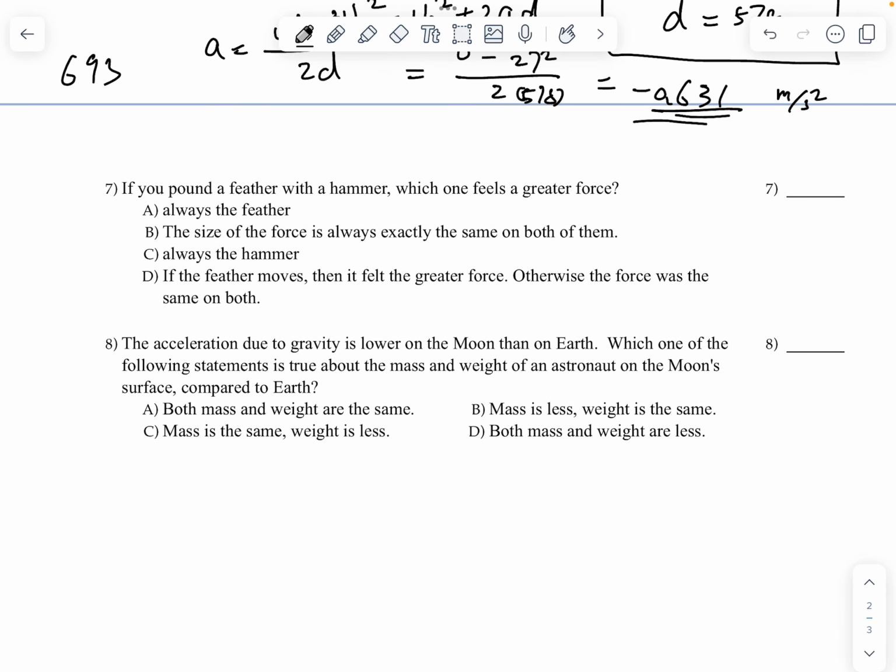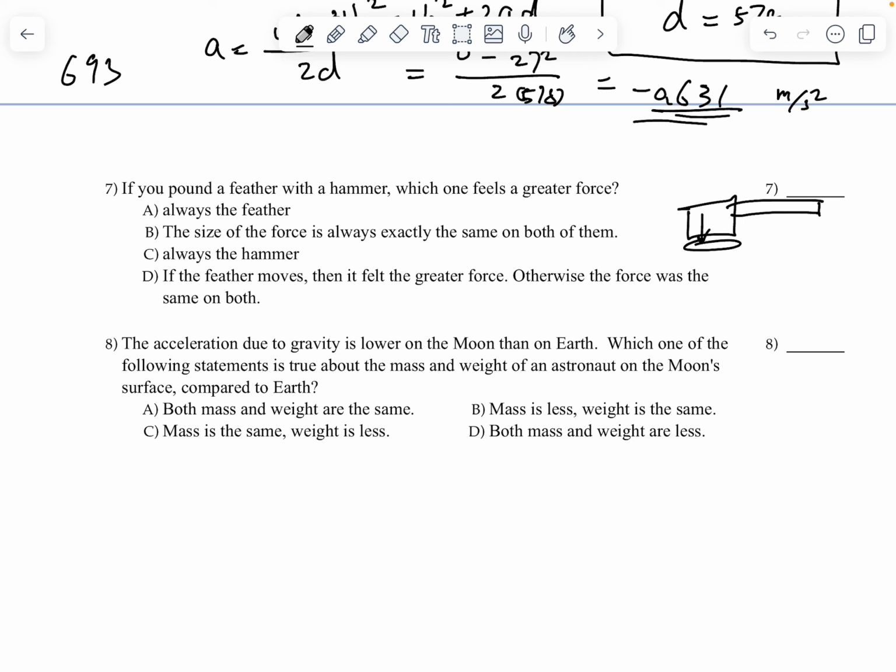Number 7. If you pound a feather with a hammer, which one feels greater force? The hammer or the feather?